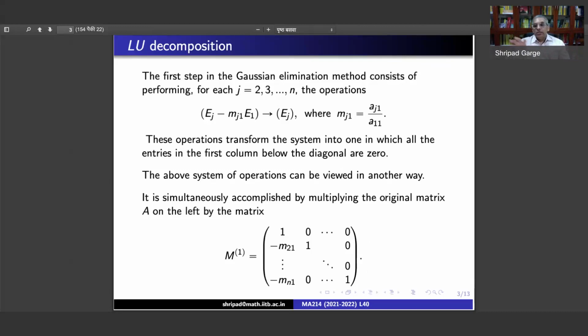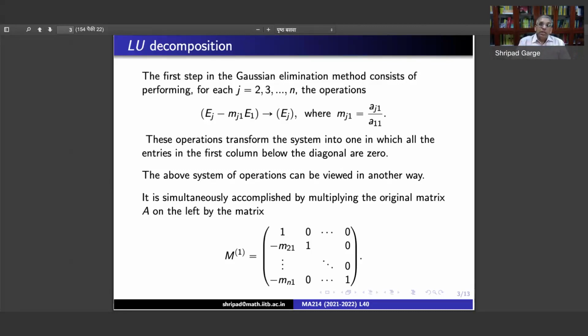So when you are multiplying this matrix on capital A, the ith row here multiplied to the first column will give you the ith row first entry of the product, which is going to be minus Mi1 into A11 plus Ai1. But this minus Mi1 into A11 is minus of Ai1. When you add that Ai1, you are going to get 0. So this is the matrix by which you multiply on the left of the matrix capital A.